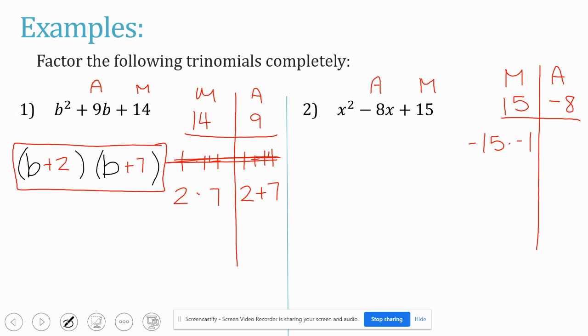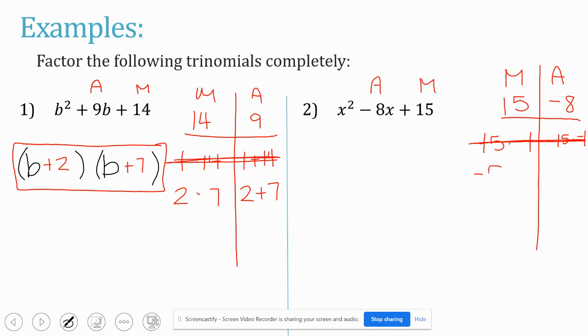I always start with that set of numbers because it's easy to forget that it is a set that does that. So that works here. That gives us positive 15. But when I add these together, that would give me negative 16. So that's not the set that I'm going to use, because we want it to be negative 8.